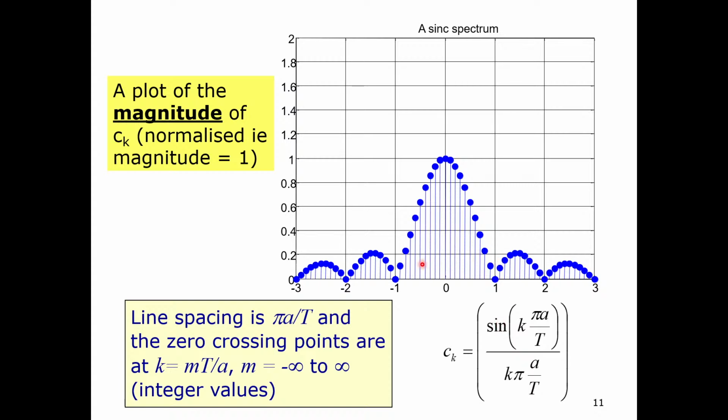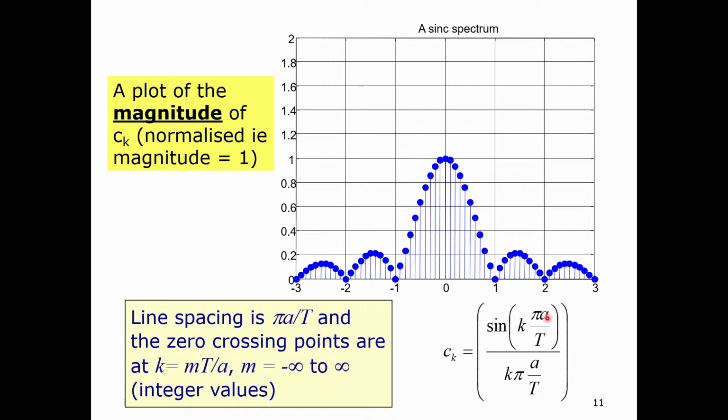So the zero crossings on the x-axis will move apart and the curve itself flattens. Remember, k here is equal to mT on a, where m goes from negative infinity to positive infinity, which can be integer values.